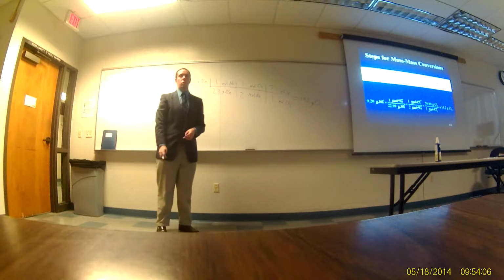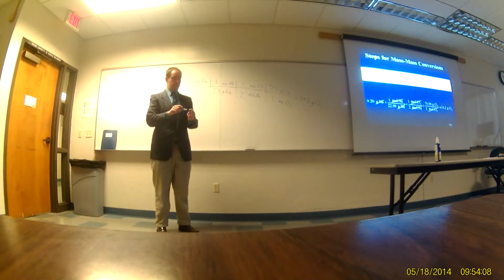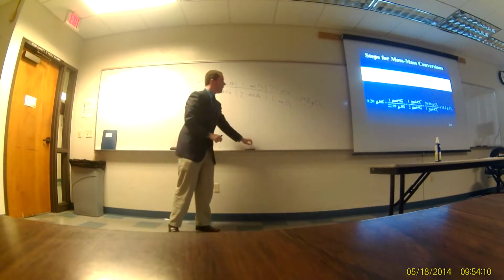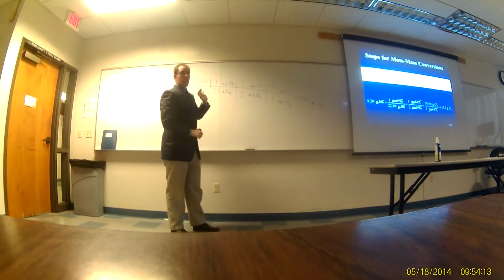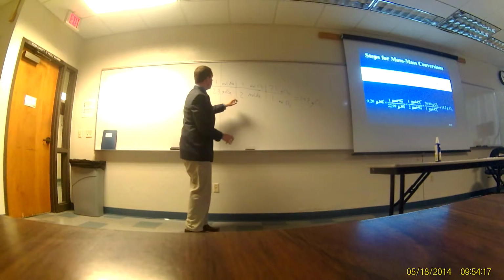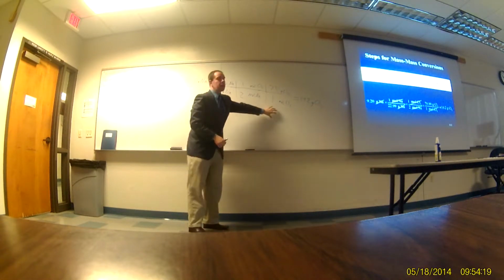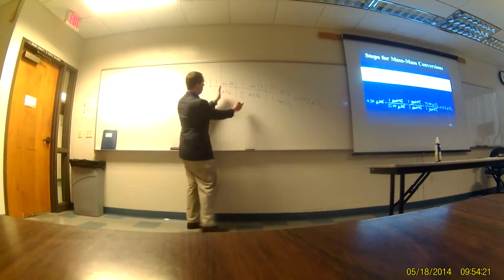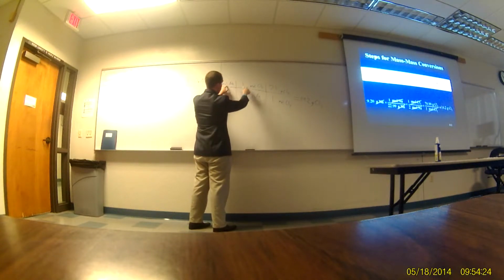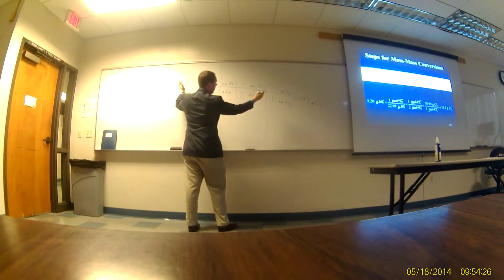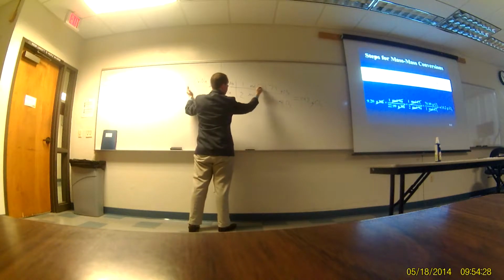So, question? No. So do you see the different steps that are in here? Right in the middle, we have our moles to moles. From here to here was our grams to moles.